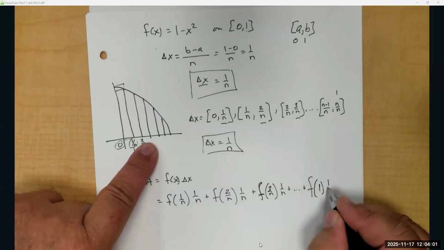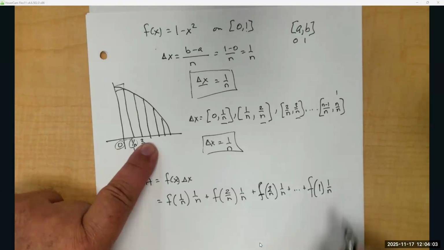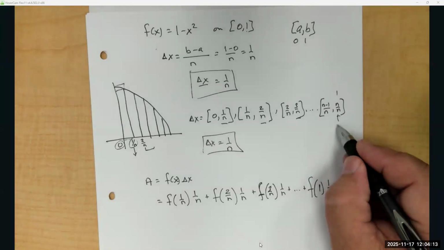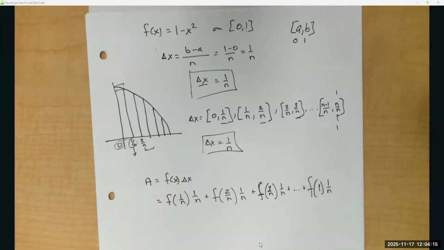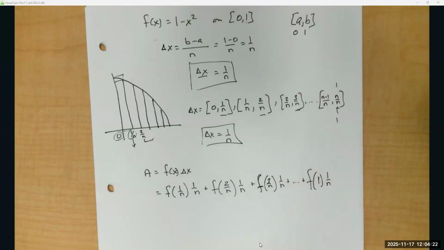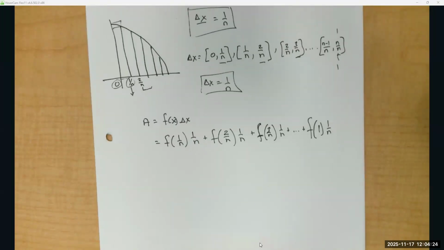So I'm using the right bounds. All right, so this is how we build it.